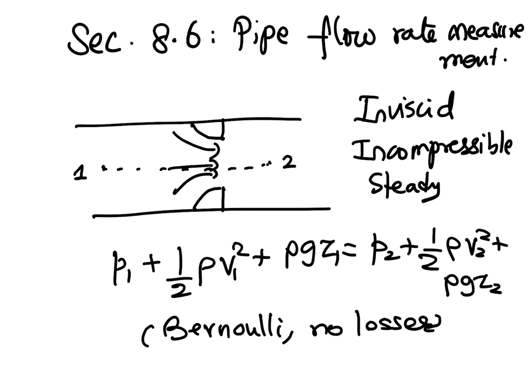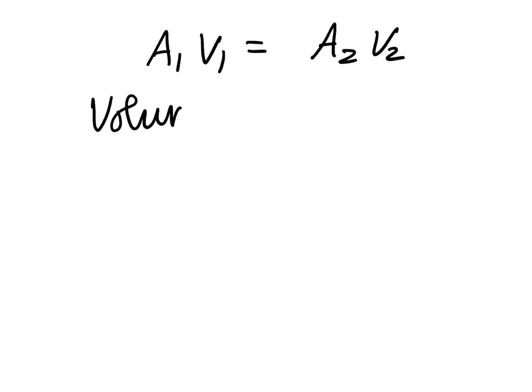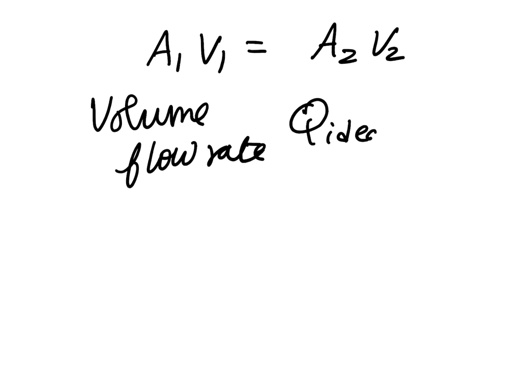Now, in a realistic flow, there will be losses, and we are going to use the Bernoulli equation to derive an ideal flow rate first. That is, if you apply the Bernoulli equation and also combine it with mass conservation, which is A1 V1 equals A2 V2, one could derive the expression for the volume flow rate. In the ideal situation, we call it Q ideal.